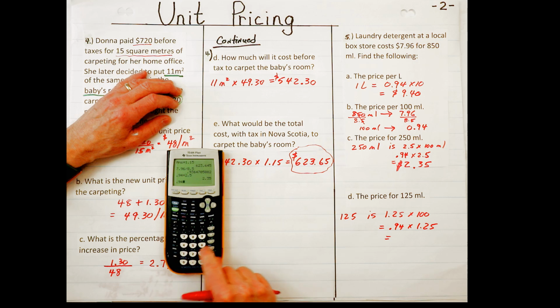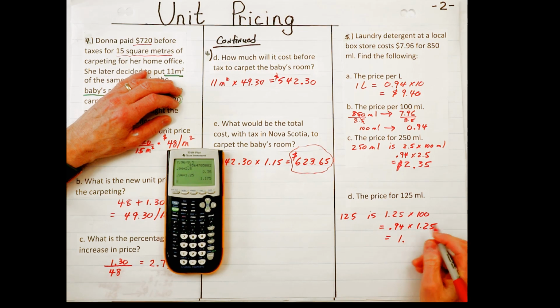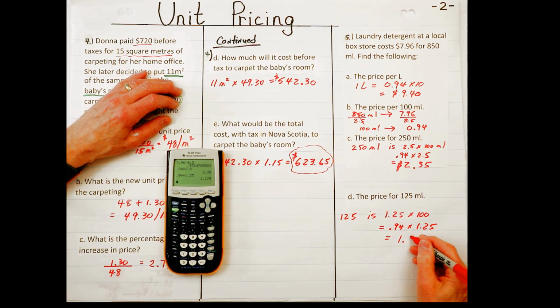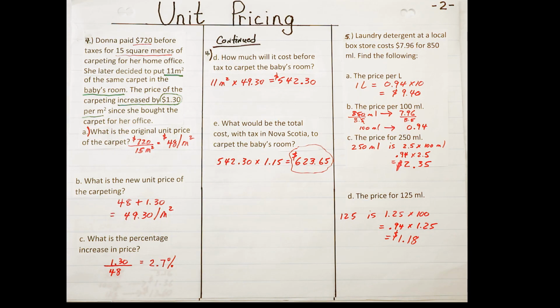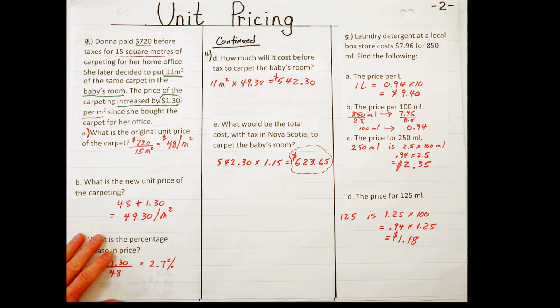So 94 cents times 1.25, I'm going to round it up to the nearest cent, $1.18. So those are the examples, and compared to some of the stuff that we've done in the earlier lessons, the heavy algebra, I think you're going to enjoy this, okay?